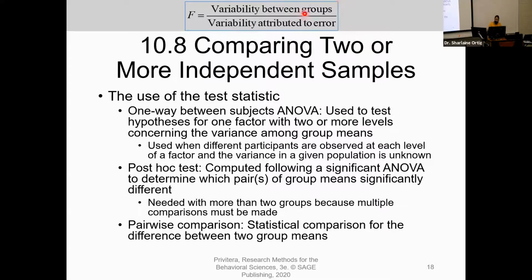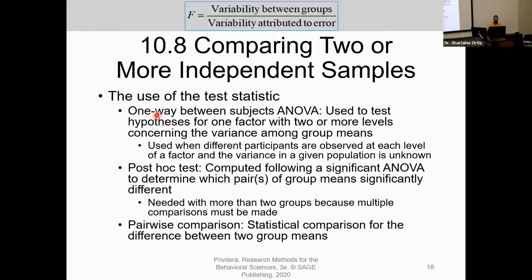So after the fact, if we do come to the conclusion that my ANOVA was significant, that there was indeed enough evidence to say, yes, your manipulation was the one that caused those differences, now we can move to a post hoc test. After I have determined that there is a significance, I want to see, okay, there was a significance, but where exactly, which pair actually had that significance?